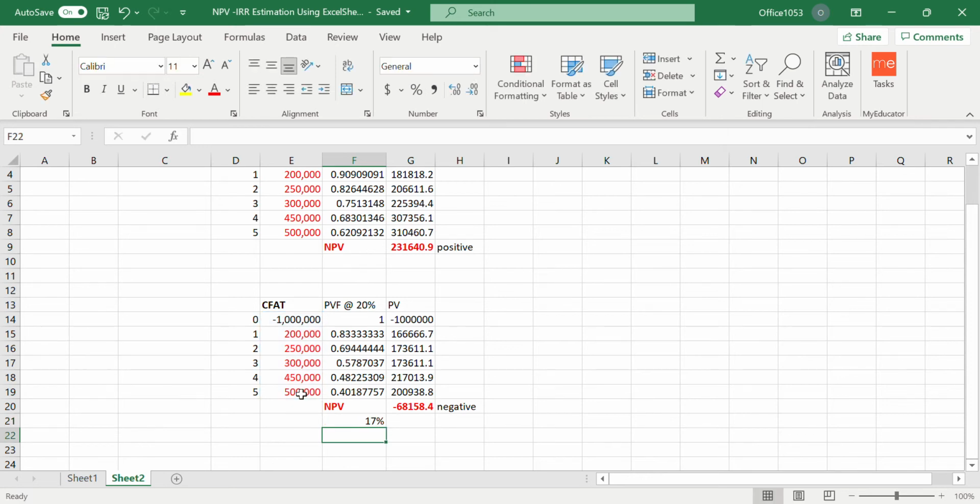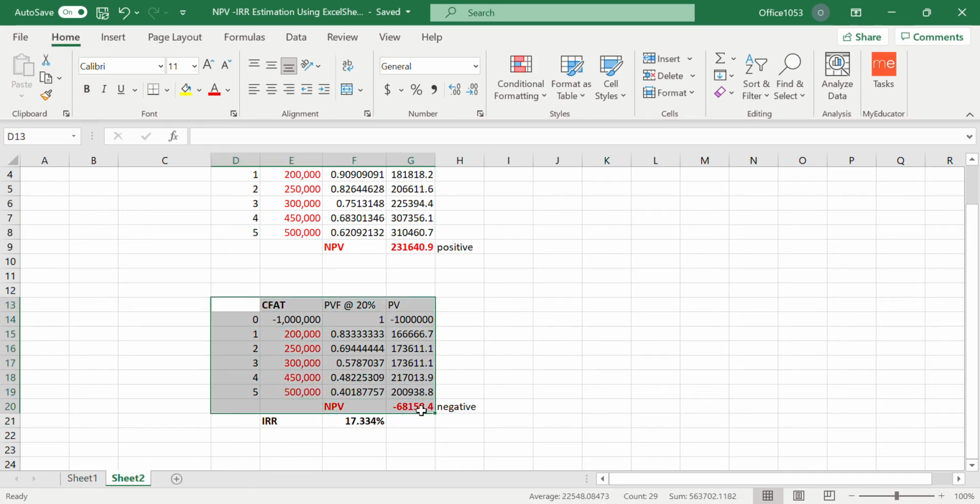Then it is coming that the internal rate of return of the project is 17.334%. This means that if you discount the cash flows at 17.334%, NPV should be equal to 0.